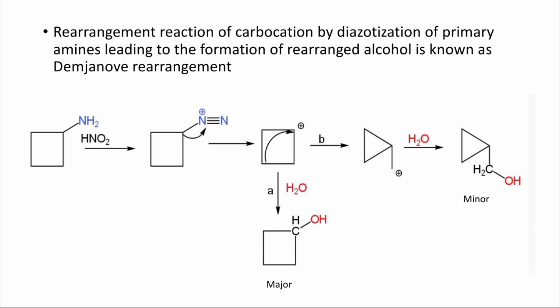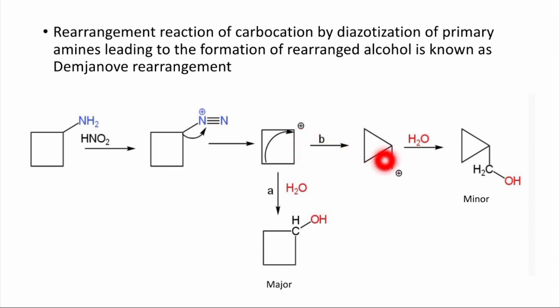Okay, so as we read here, it is a rearrangement reaction of carbocation. So here a carbocation is forming. Here you can see how this carbocation is forming. As we know, this N2 is a good leaving group, it gets removed from here and forms a carbocation over here, and this carbocation undergoes rearrangement.